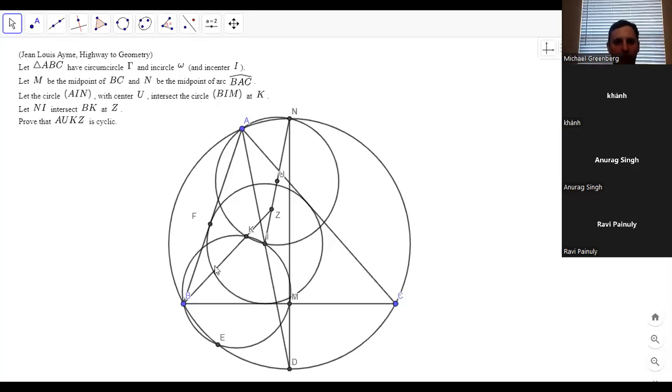You think it's an angle chase? Okay. Yeah, I'm trying to see. It feels like an angle chase, but yeah, I'm not sure. Yeah, I can join NK.